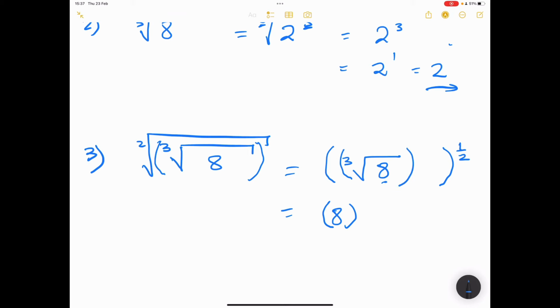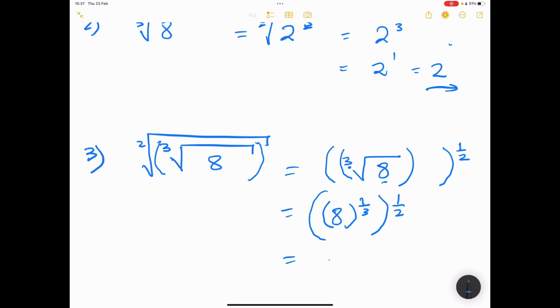So 8 in this case, now I'm going to change that cube root to being 1 over 3, but I also raise it by 1 over 2, okay? So I'm raising an exponent to another exponent.